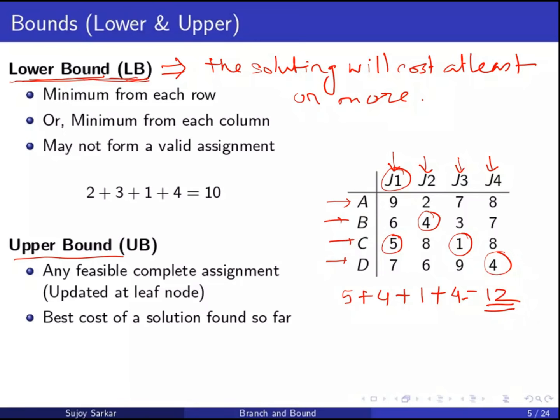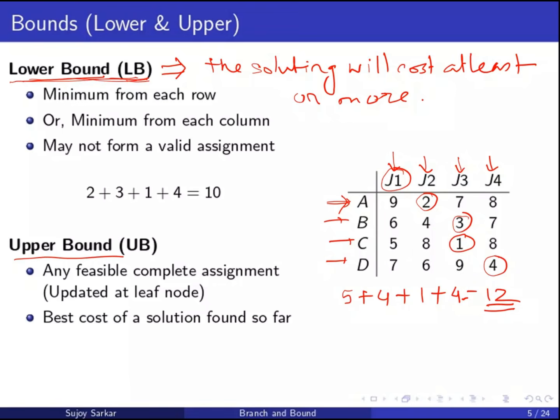Same way we can look at it row wise also. So if we are trying to assign a job to A, it will cost at least 2, B will cost at least 3, C will cost at least 1, D will cost at least 4, right?